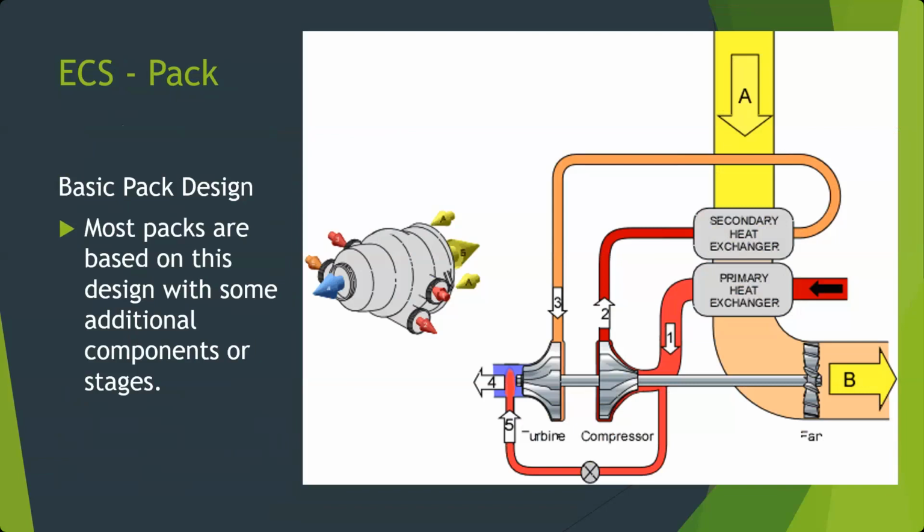And when that pressure drops, the air gets very cold. So we have cold air coming out of the turbine. And that pressure energy drove the turbine to drive the compressor, right? So we've just transferred energy. We just keep transferring energy and ultimately transferring it out and dumping it overboard into the environment.